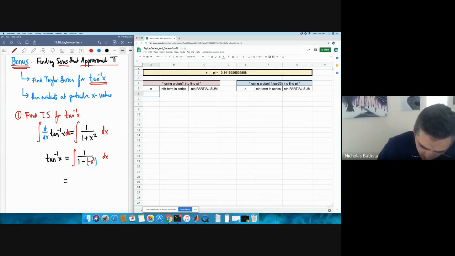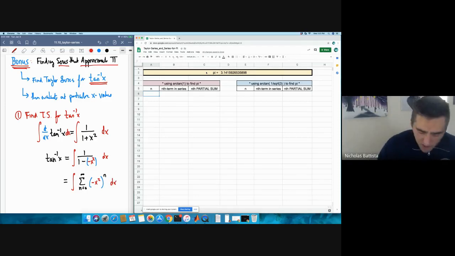We haven't integrated the series yet, but this is equal to the series from n equals 0 to infinity of what's in those blue parentheses, the minus x squared, all raised to the nth power. So lo and behold, we're getting closer to a Taylor series representation for our arctangent. The last thing to do is really go ahead and integrate.